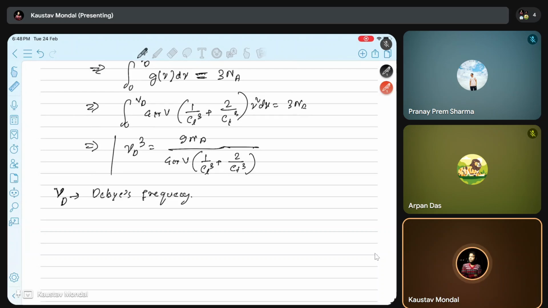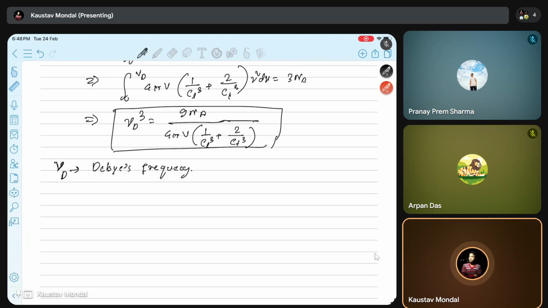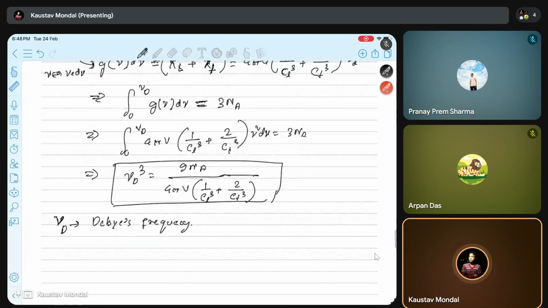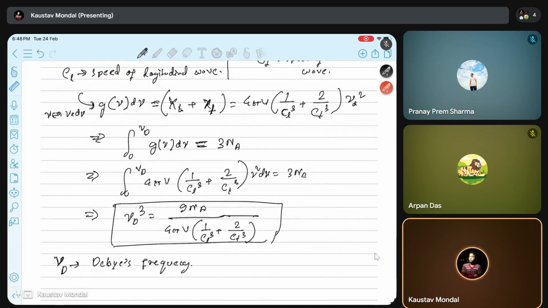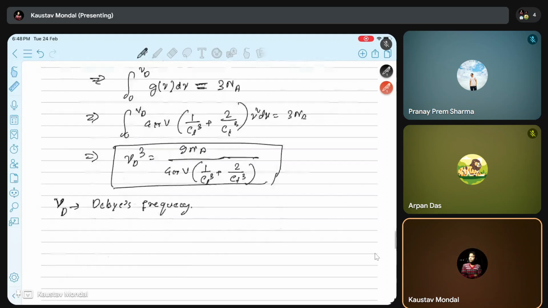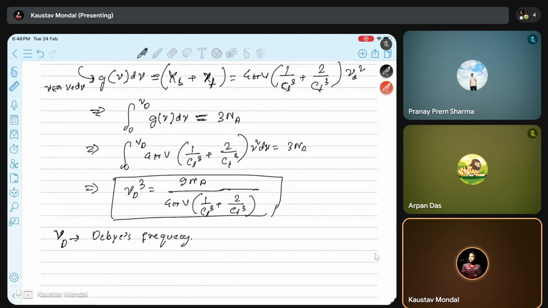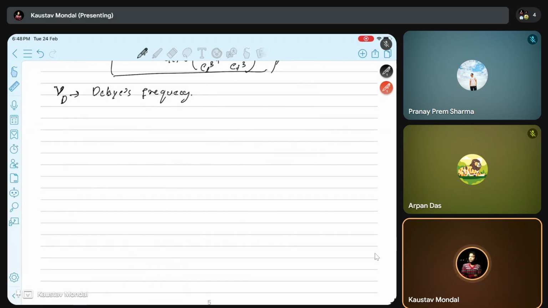This is the expression of the Debye frequency. Now from here you can also calculate the total energy. Once you get the density of states, from that quantity you can calculate many other things also. First we have shown how to calculate the Debye frequency. Next thing that you can calculate is the total energy.